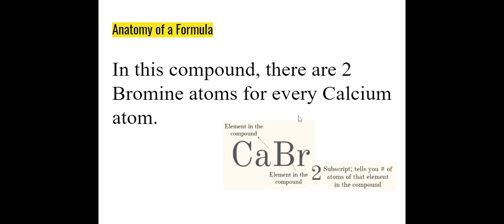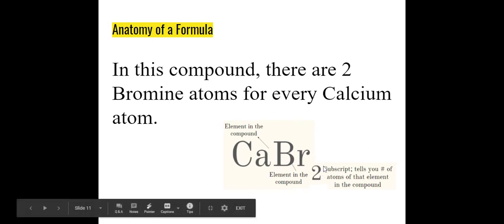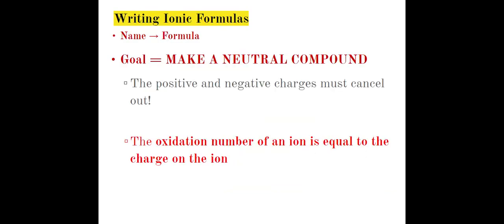So in this compound, there are 2 bromine atoms for every calcium atom. The Ca is an element in the compound, as is the Br, Ca being calcium and Br being bromine. And this number here, as I told you earlier, is what we call the subscript, which tells you the number of atoms of that element inside the compound.